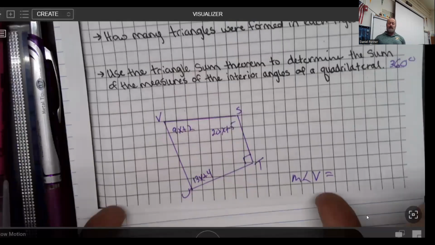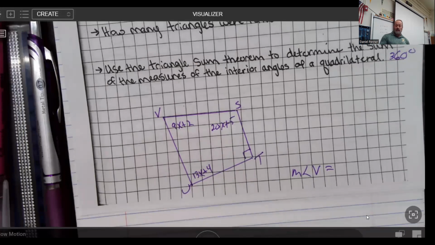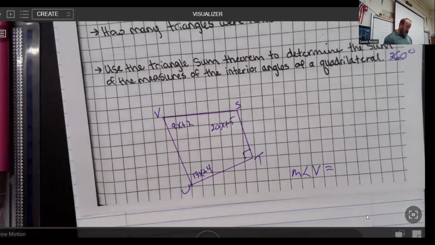Okay, so let's look at a very, very simple little example that I generated here, where I have a quadrilateral right here, quadrilateral VSTU or VUTS, depending on how you want to do it. And we know that because it's a quadrilateral, it must have a sum of 360 degrees.